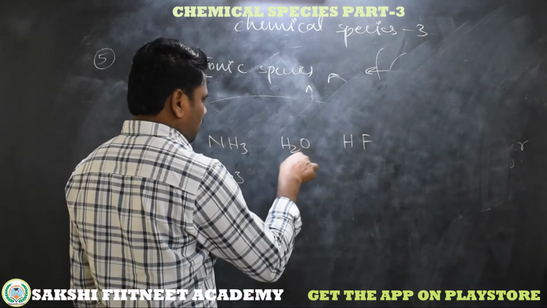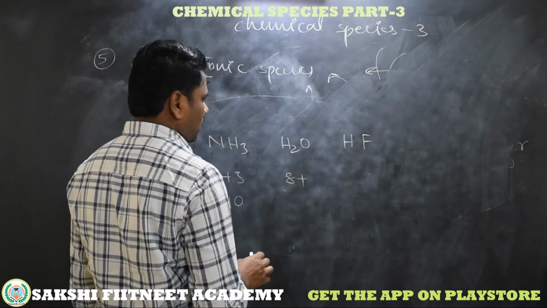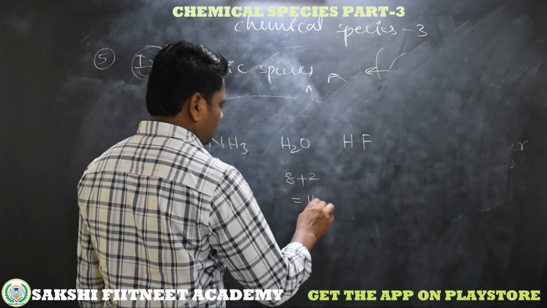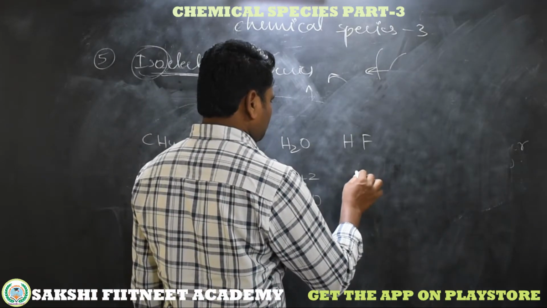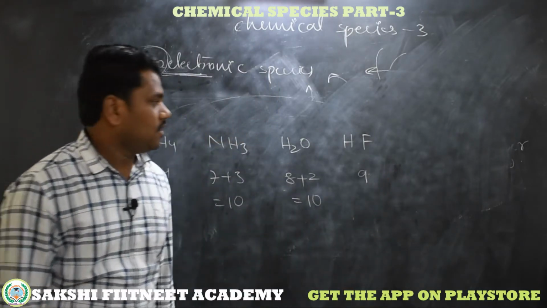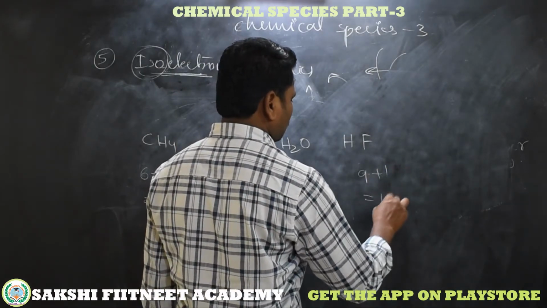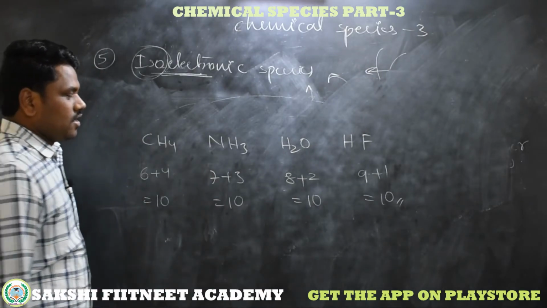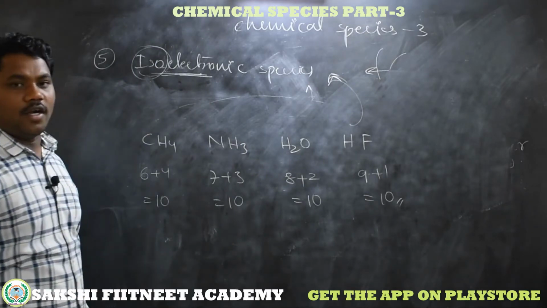Now H2O: around the oxygen 8 electrons, and around the 2 hydrogens 2 electrons, which becomes 10. Now HF: fluorine has atomic number 9, so 9 electrons, plus 1 hydrogen, 9 plus 1, 10 electrons. So CH4, NH3, H2O and hydrogen fluoride also come under isoelectronic species.